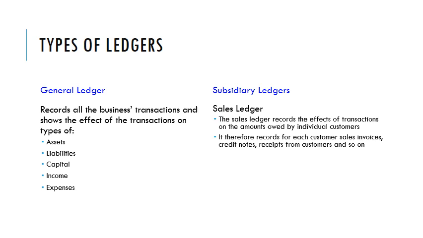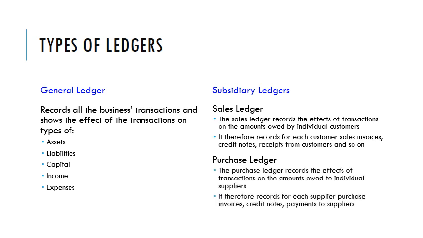In addition to this ledger, we'll also have the purchase ledger, and in here we will record anything that affects the amount of money that's owed to individual suppliers. So again, similarly, like the sales ledger, we will record things like the purchase invoices, credit notes, payments to suppliers, anything that will affect how much we owe to individual suppliers.